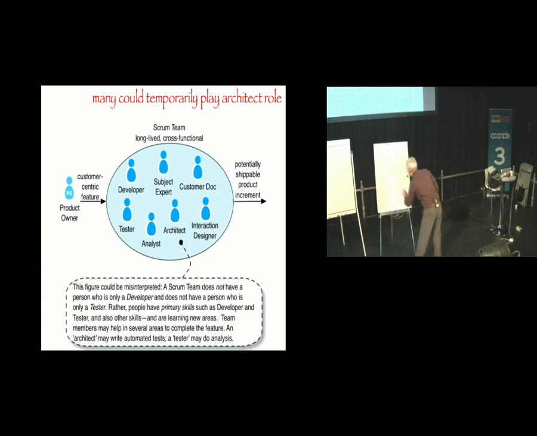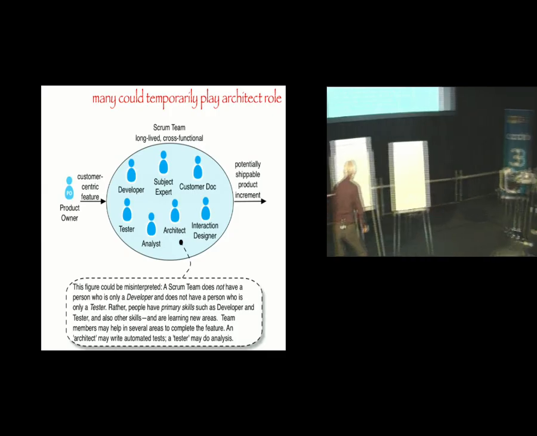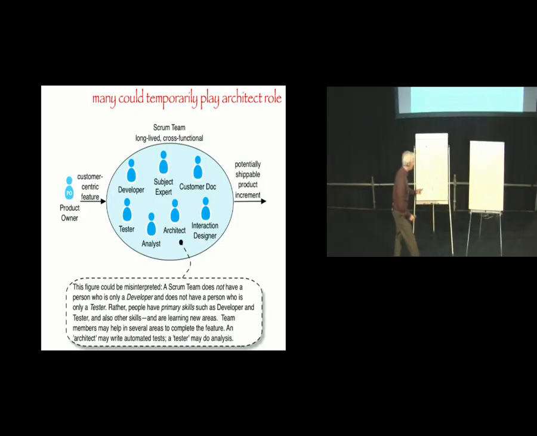We're not talking about having generalists, but we're talking about multi-skilling, or having multiple skills. So a person might have a primary skill and a secondary skill. For example, maybe my primary skill is that I understand the world of architectural concerns well, but I'm working on a secondary skill that will help value throughput for the team, like customer documentation.